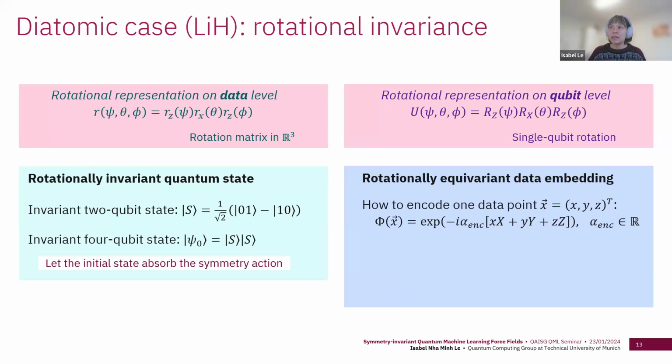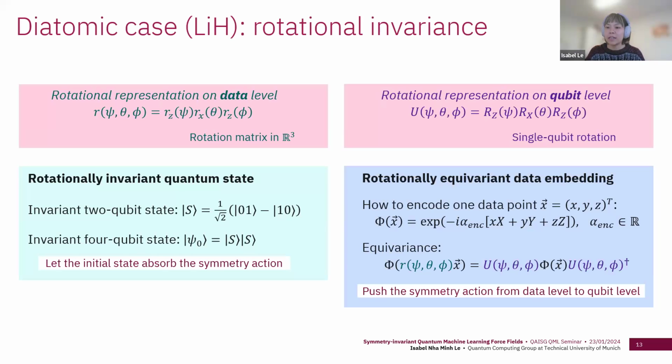So this means in how we defined our encoding scheme, the encoding layer itself also has a trainable part. And this encoding scheme is indeed equivariant, since embedding this rotated data point is just the same as embedding the original data point and then letting the rotation act on the qubits by means of their single qubit rotation representation.